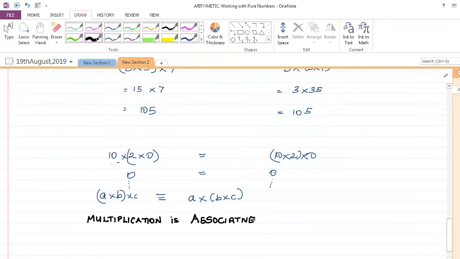Okay. Now, I just wrote 3 items there, but the truth be told, if you do some more investigation, we will find that A times B times C times D times E, doesn't matter how we associate.